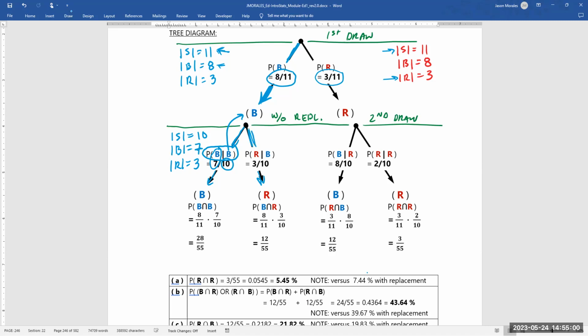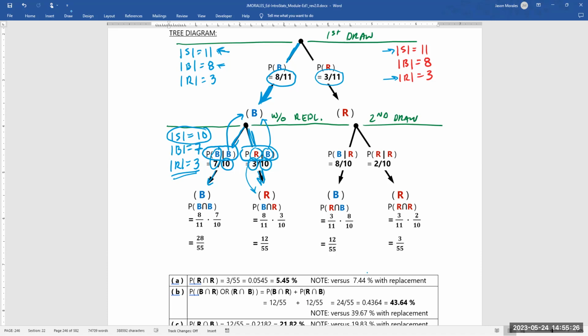And here for this branch, the probability of getting a red marble, given that blue came first, it's going to be 3 out of 10, because we've got 3 red out of 10 total possible.